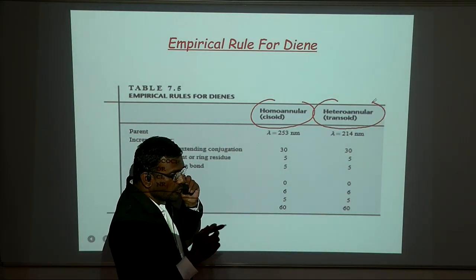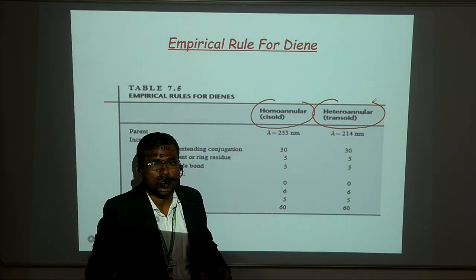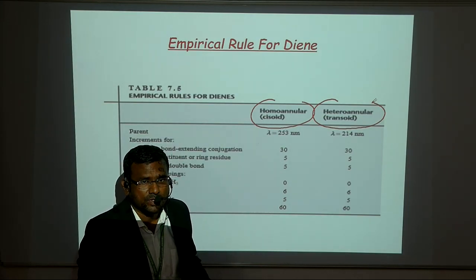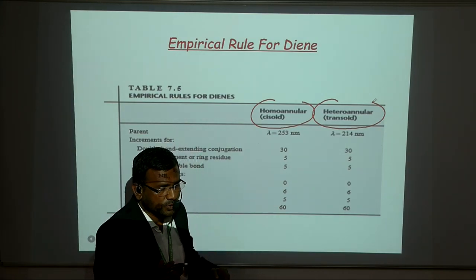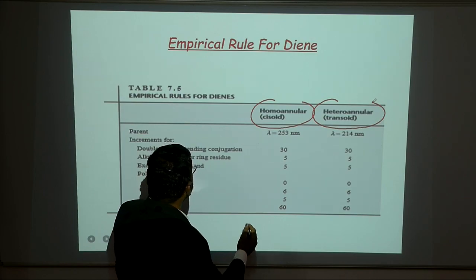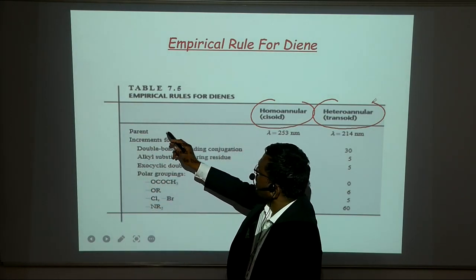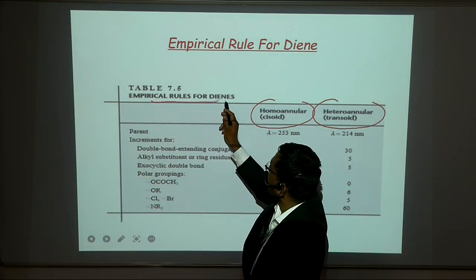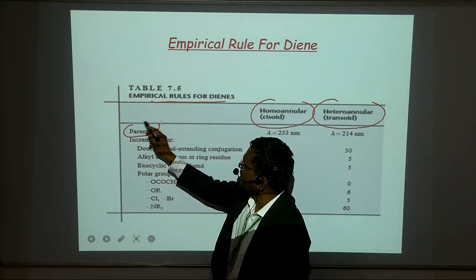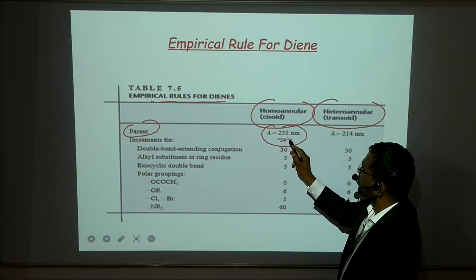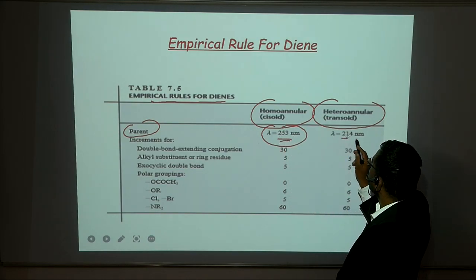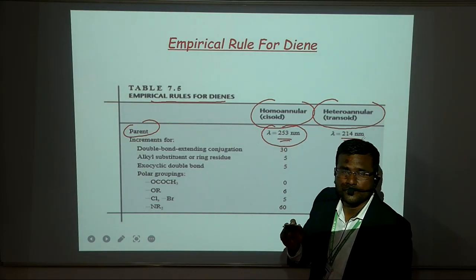Okay. So for the calculation of the theoretical maximum wavelength for the diene system, Woodward has given empirical rules, and the rules are in front of you. First, for the parent, the basic lambda max value for the homoannular diene is 253, and for the heteroannular diene it is 240.